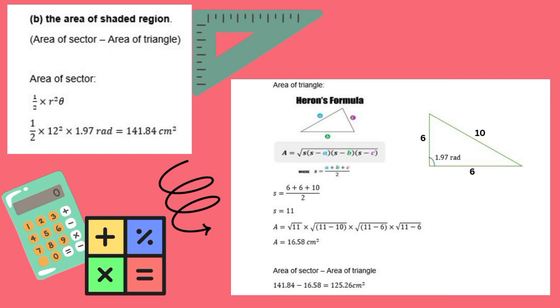After we got the area of the triangle and the area of the sector, we just subtract them, and we got the shaded region, with the final answer of 125.626 cm.